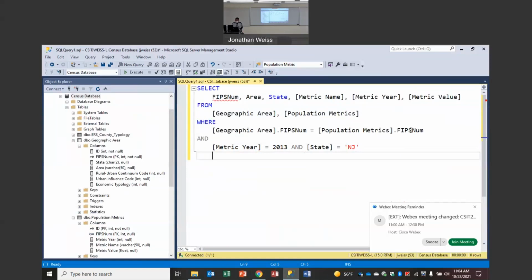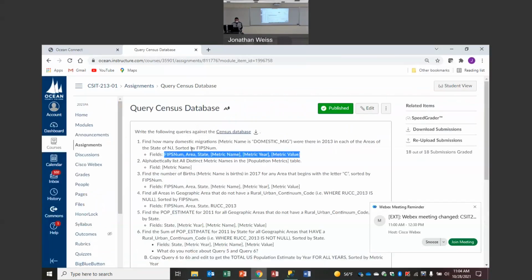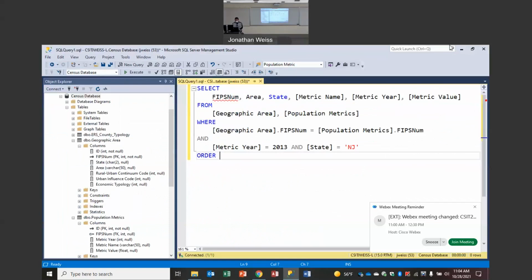So that's our query. But the question also says we want to sort that by FIPS num. Okay, well, we'll put FIPS num here.